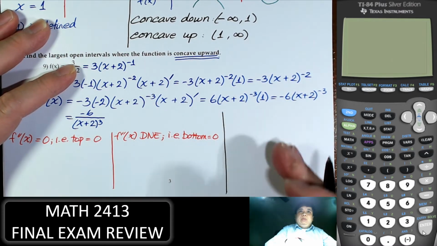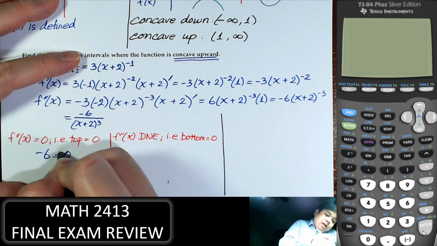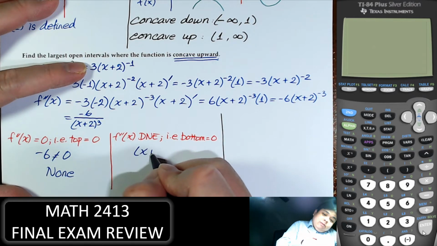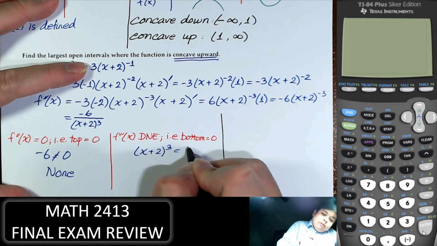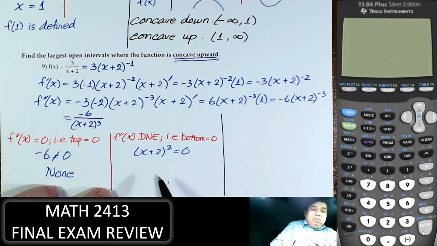The sign chart will be here. Top, -6 equal to 0, that doesn't give us anything. The bottom, something cubed equal to 0, so that means it by itself is equal to 0.